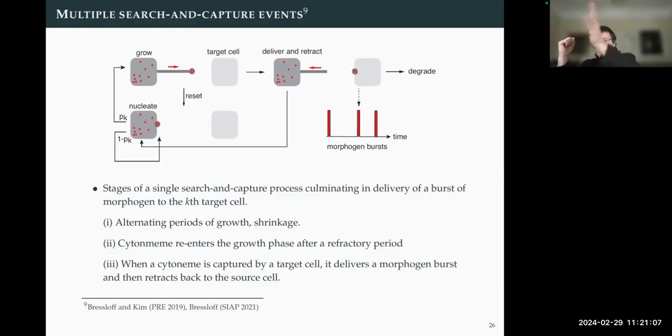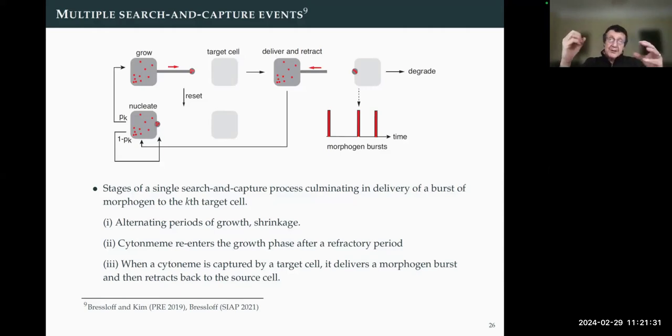So you've got a sequence of arrival of customers whose first passage time or first arrival statistics is determined by the search process that I've just talked about. Moreover, these resources are going to be utilized. There's a degradation term. So what one is ultimately interested in, this is the way to define the steady state morphogen gradient.